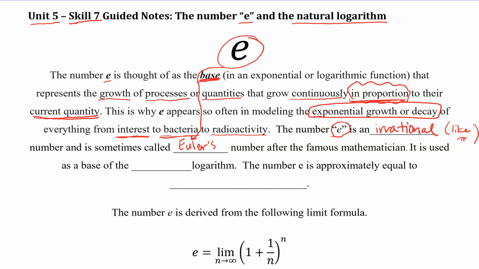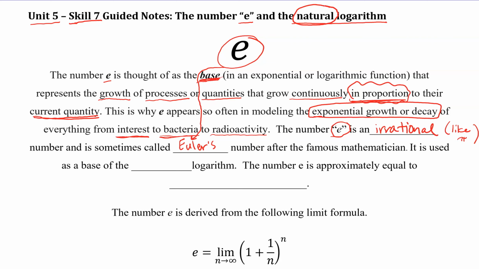He was studying this phenomenon where a quantity or a process could grow in proportion to its current quantity, that sort of natural exponential growth or decay, and he found that this base happened to be the base of these types of functions. That's why it's often referred to as the natural base, because it occurs in nature, the way things grow and spread, or the way things decay or depreciate or deteriorate.